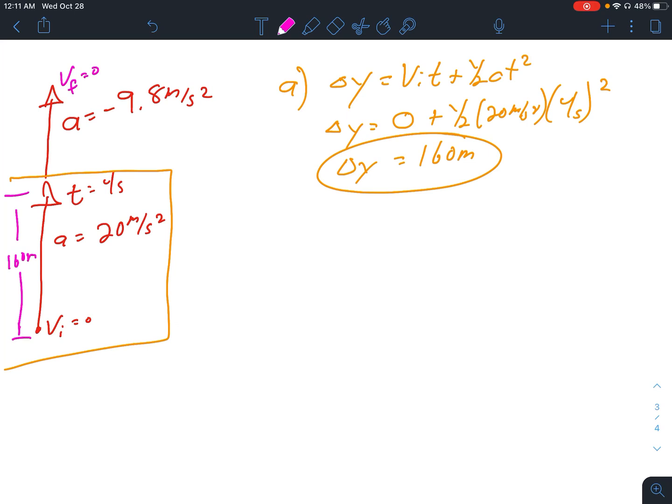So from the other information that we know, can we find out right when it reaches this point, how fast is it going? So within this orange box, what is the final velocity? So we can figure that out.